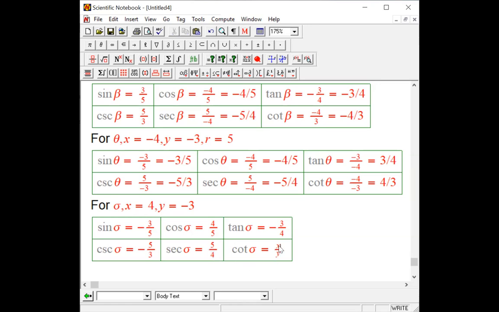And last but not least, x is 4, y is -3. If I made any mistake, please forgive me and just correct it; it's probably just that I didn't plug in the number correctly. So that covers how many questions? 6 times 4, 24 questions.